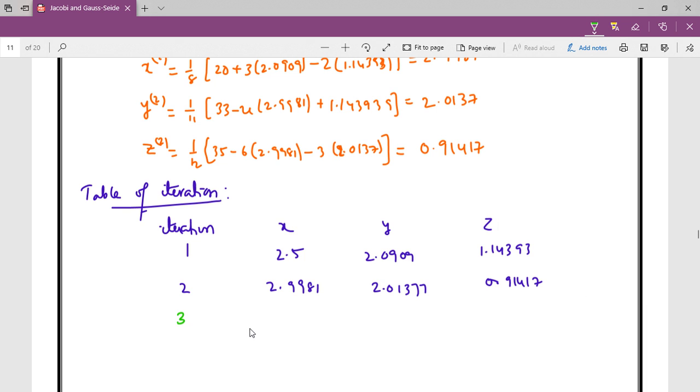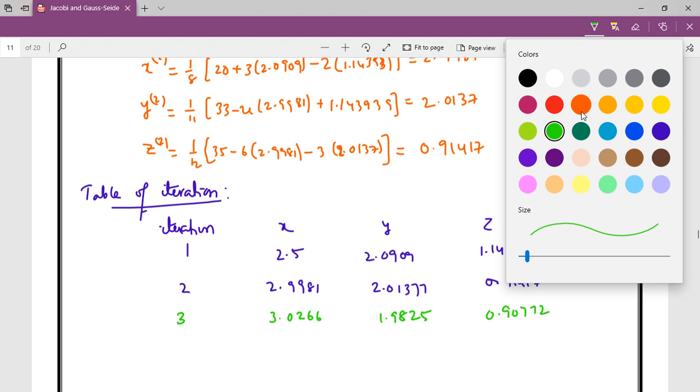In the third iteration, the x value we get is 3.0266, okay, and the y value that we get is 1.9825 and the z value that we get is 0.90772. Okay.